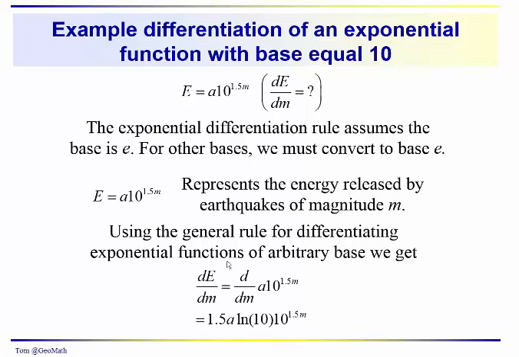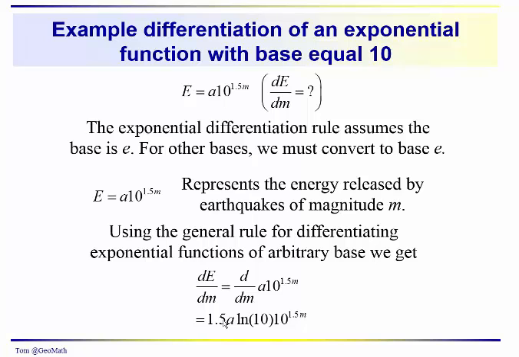So when we have an exponential function which has an arbitrary base, such as 10 in this case, then everything else is the same. We rewrite the function. You can see the parts of the original function there, 10 to the 1.5 M. You can see our a there. We multiply that by the derivative of the exponent.